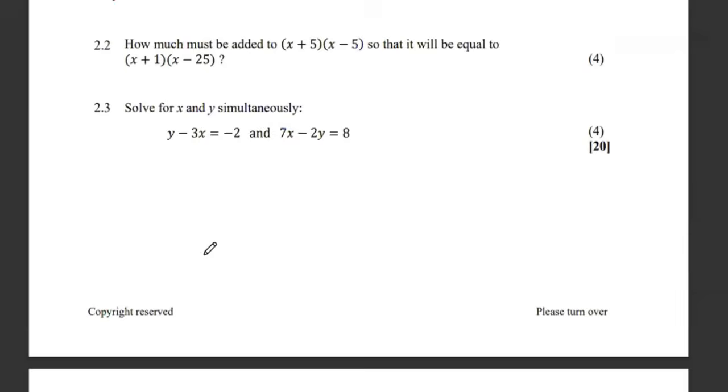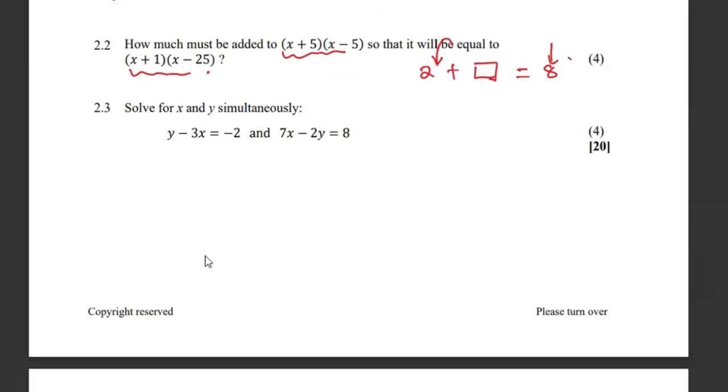Then 2.2, how much must be added to this so that it will be equal to that? So it's like somebody asking you that if you have a 2 plus something is equal to 8, how much must be added to a 2 to give you 8?